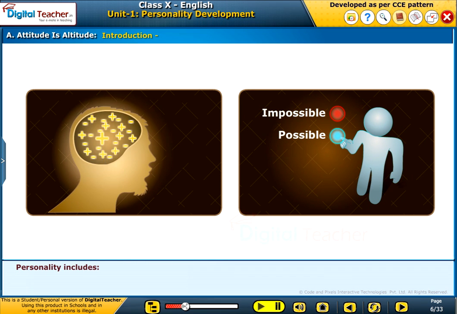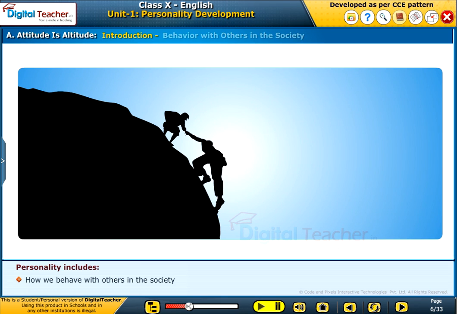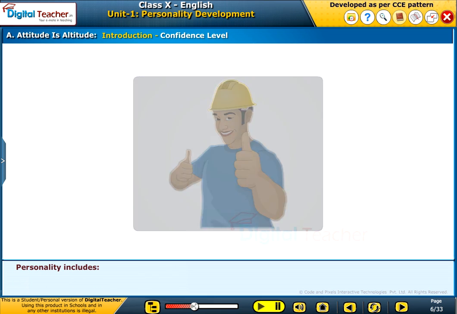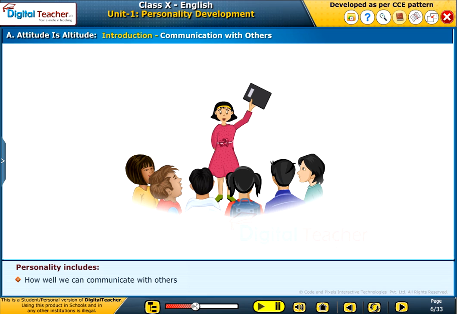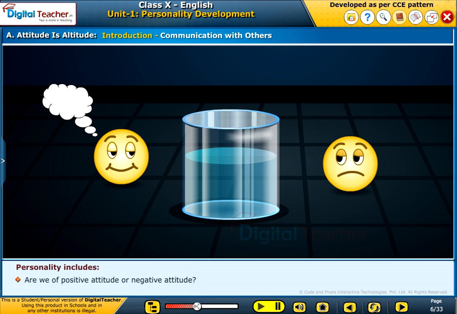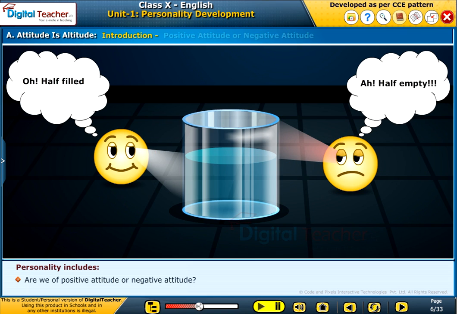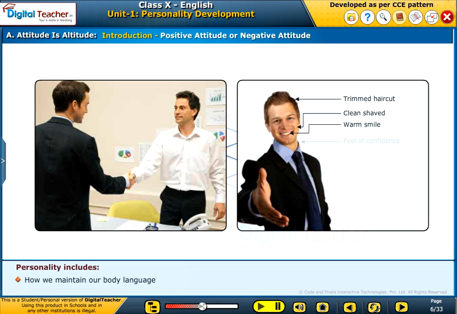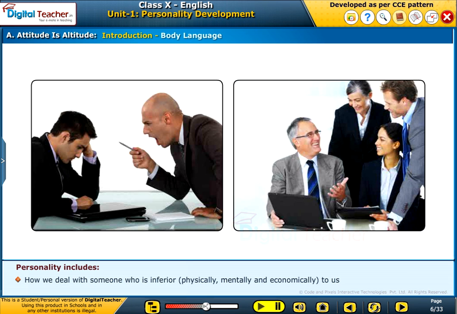Personality includes our way of thinking, how we behave with others in the society, our confidence levels, how well we can communicate with others, are we of positive attitude or negative attitude, how we maintain our body language, how we deal with someone who is inferior physically, mentally, and economically to us.